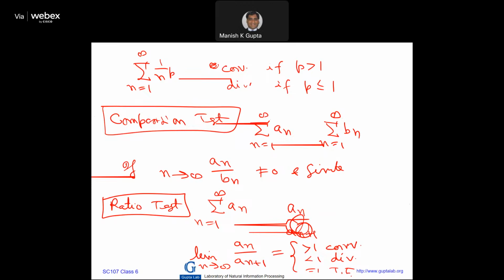You can use the ratio test to show this fact. Apply the ratio test, take the nth term, divide by the n plus 1 term, take this limit, and you see that this thing is greater than 1 for all real x. So the series is convergent. These tests are very useful actually, to show many things.